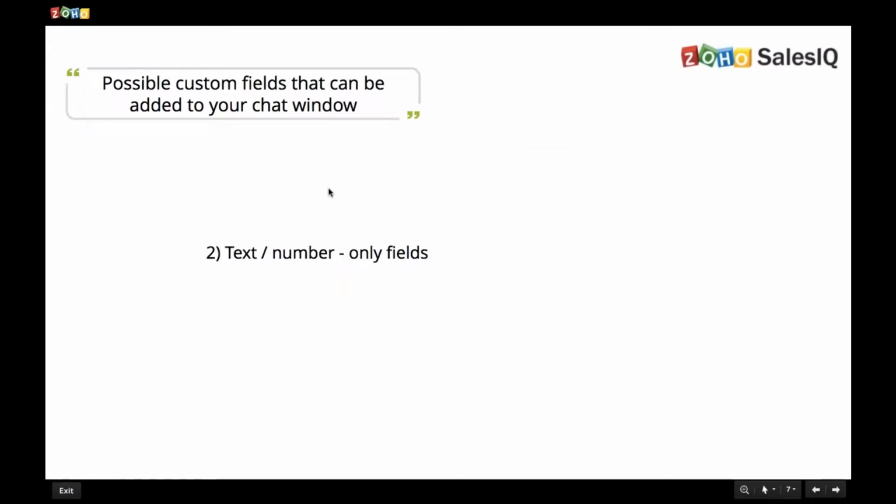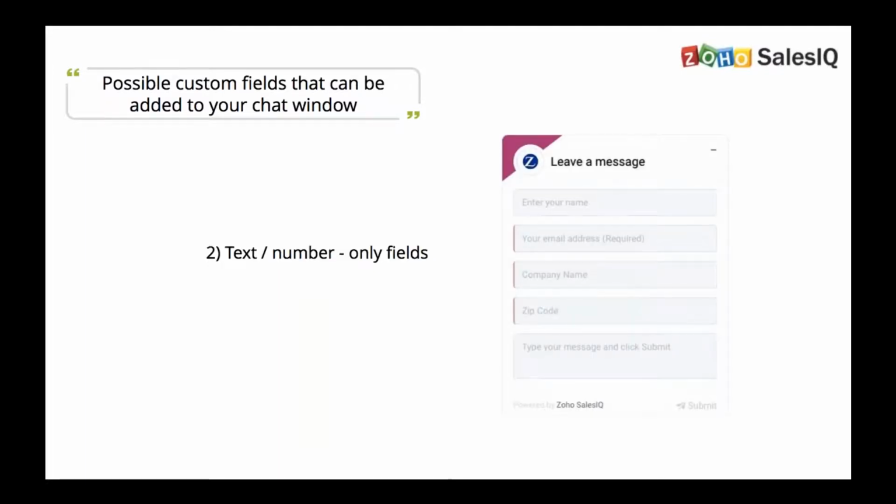So this is one. The second option is to have fields that permit only text or only numbers, or anything else, anything where a visitor has to type in data. So here's a sample of the chat window. So you can see the name, you can see the email address, but you can see two more fields. So one is company name.